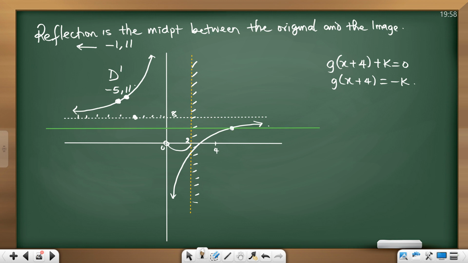Greater than negative 5. I don't know if that makes sense. We want the point of intersection to be between, less than negative what? 5. So where should we be moving?